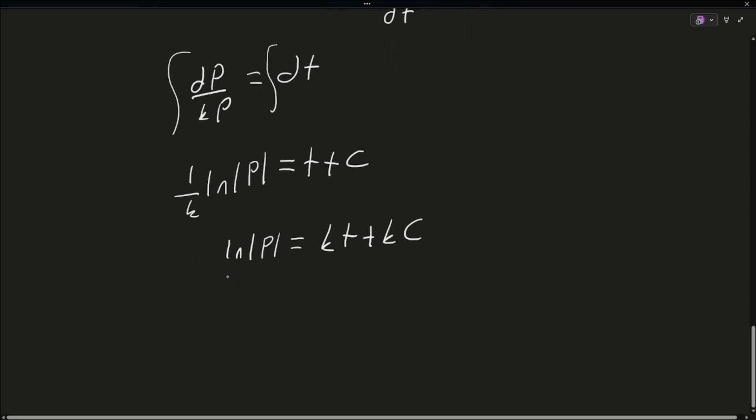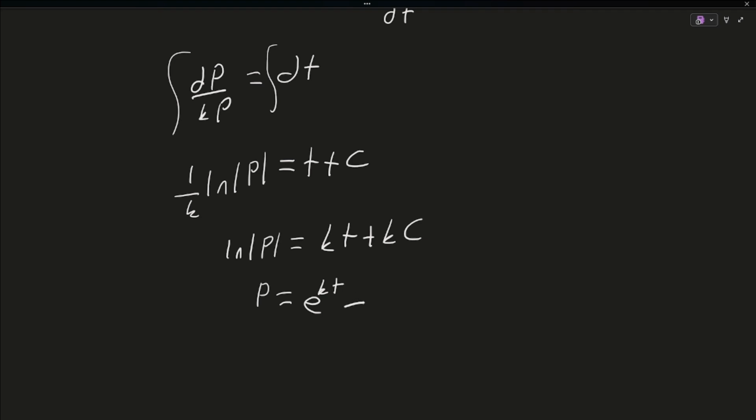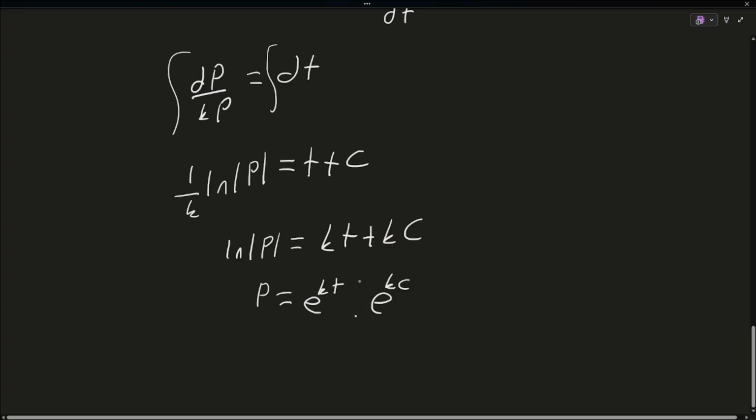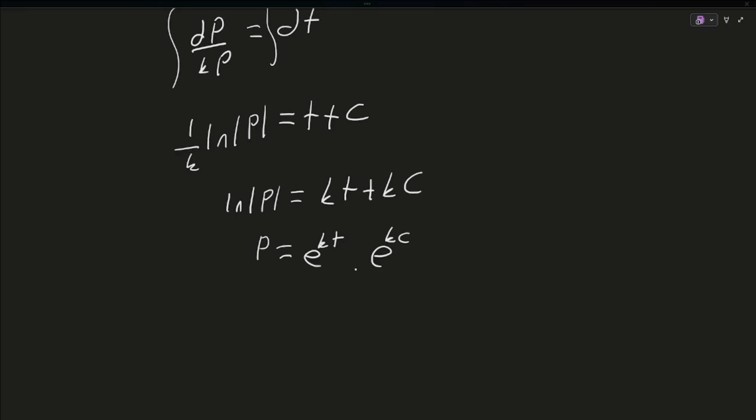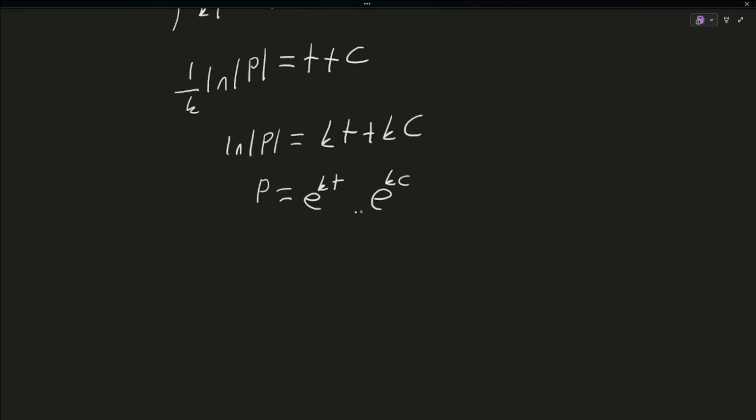Okay, and taking the e power will give us p equal to e to the kt plus kc. I'm sorry, this is a multiple. Okay, just like this. Now that we have this part, it is important to note that this e to the kc is actually another constant.